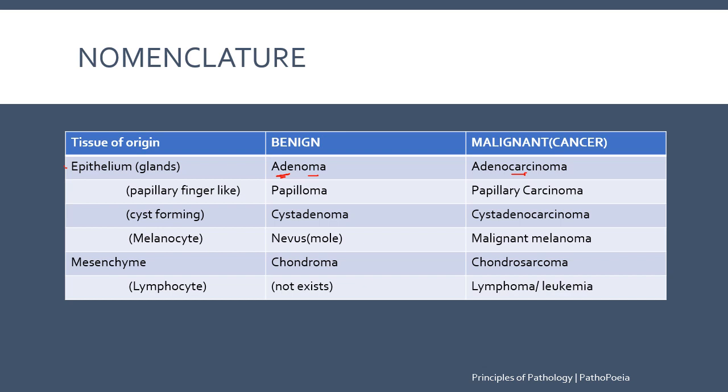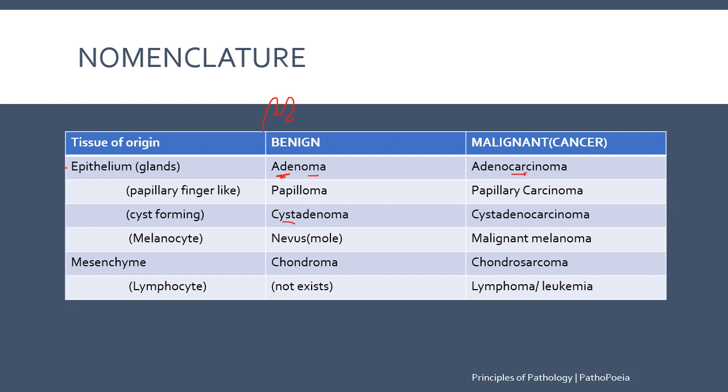Similarly, if it forms a papilla, it would be called papilloma if it's benign, and papillary carcinoma if it's malignant. If it forms a cyst, it would be cystadenoma, and if it's malignant, it is cystadenocarcinoma.